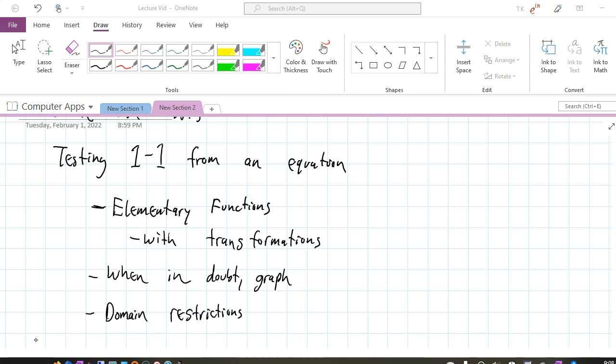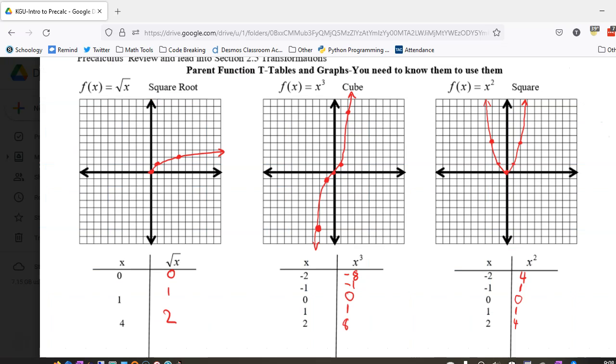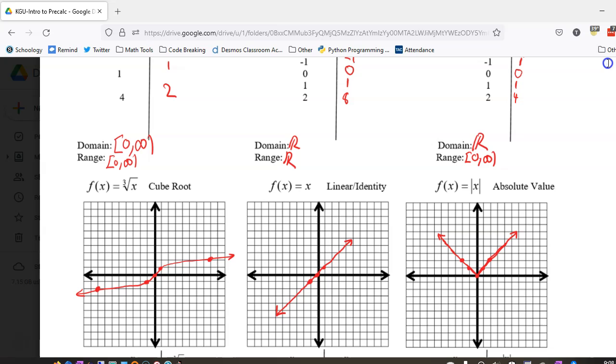So let's start by looking at the elementary functions that we learned about a couple weeks ago. Here they are: square root, x cubed, x squared, cube root, linear, and absolute value.